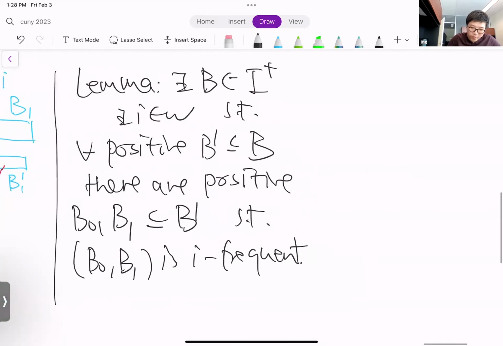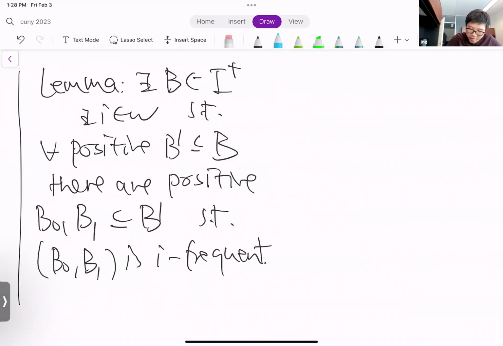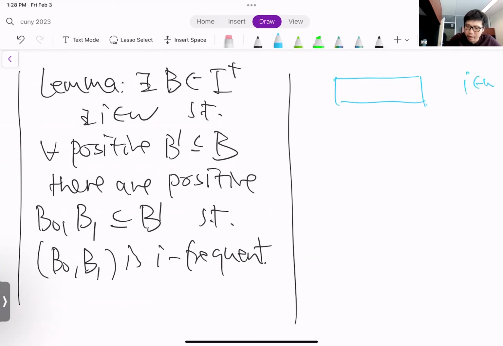Okay, so let me draw again. What this is saying is that I'm able to find a positive set, and I'm also able to find a popular color, such that whenever I shrink, this is given by you. You give me a positive subset B prime of B. Then I'm always able to split this into two parts, B0 and B1.